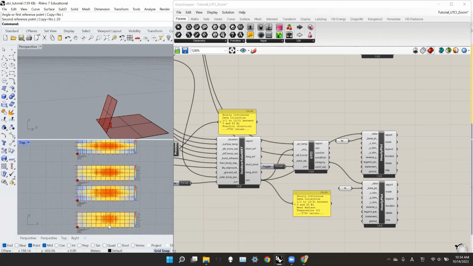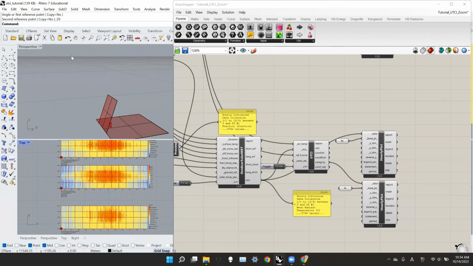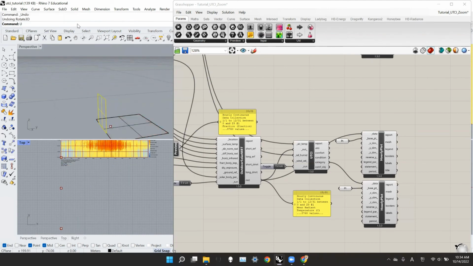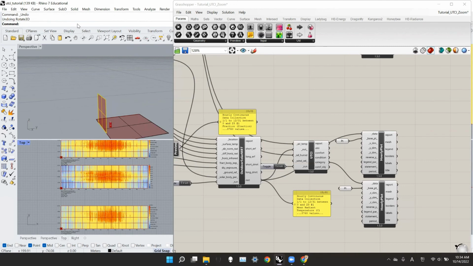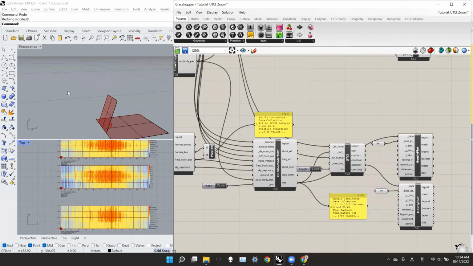I think now it has more yellow, which means more comfortable hours. So if I go back, then redo. Did it help? Yeah, I think it helped a little bit. It got rid of some heat.